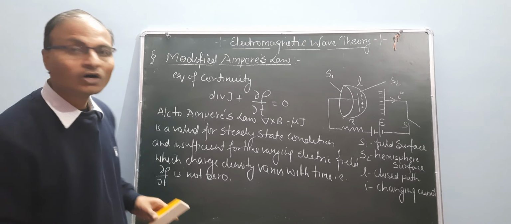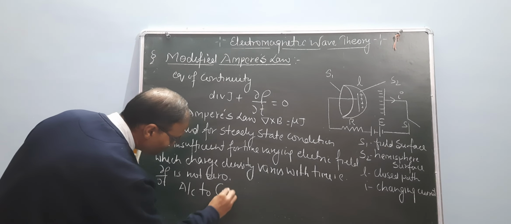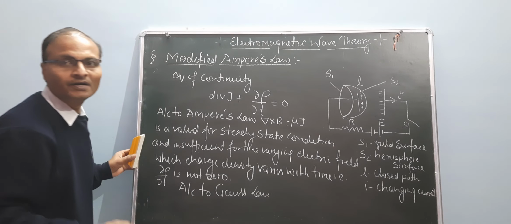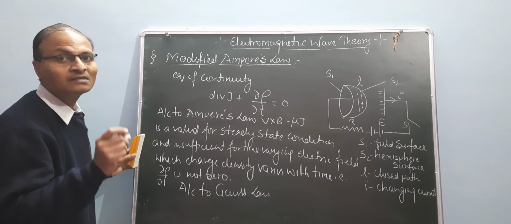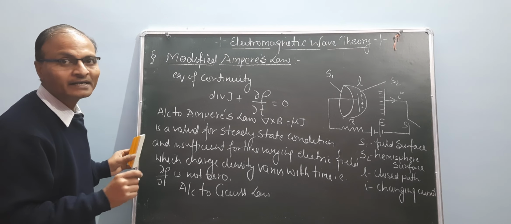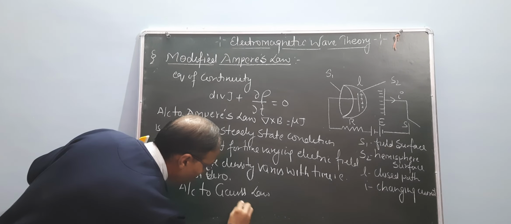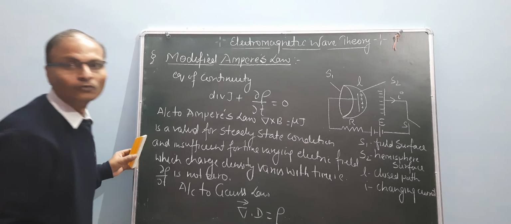So according to Gauss law, del dot D equal to rho. This is the first equation of Maxwell, the electromagnetic equation of Gauss law. Del dot D equal to rho.